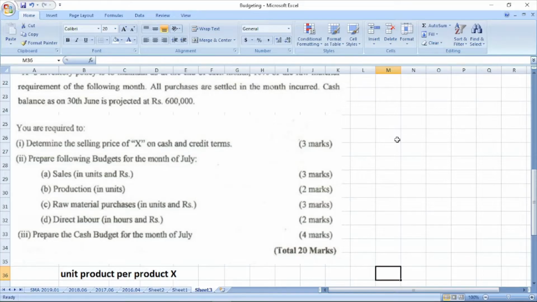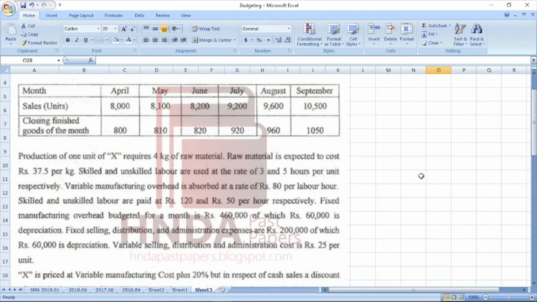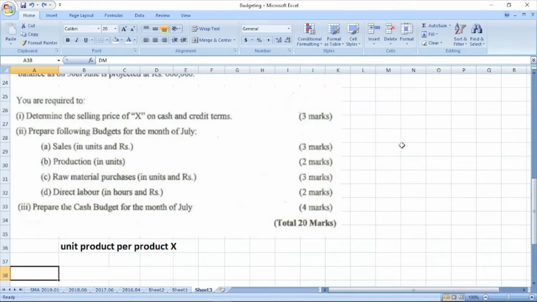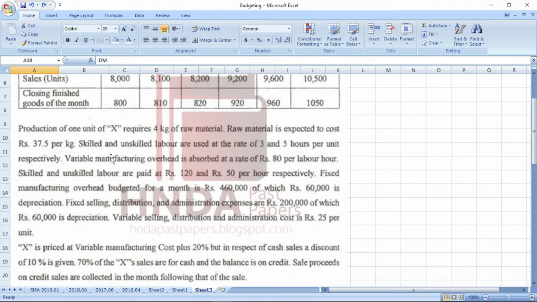Let's see the answer. Determine the selling price of X on cash and credit terms. Let's see how we solve this problem. Unit product cost per product X, and they gave information on direct material.